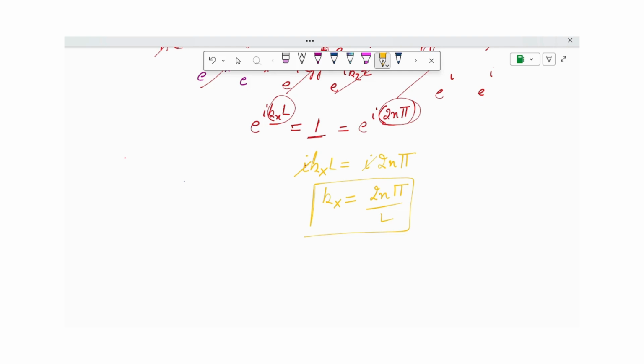So writing different values of kx. kx will be, for n equals 0, 0. Then for n equals 1, it will be 2 pi by L. For n equals 2, it will be 4 pi by L, and so on.